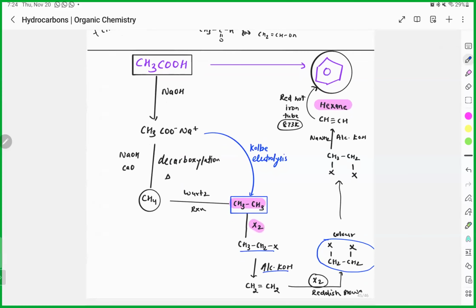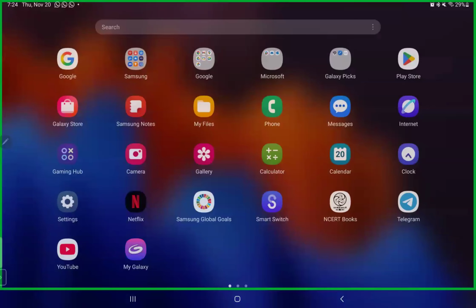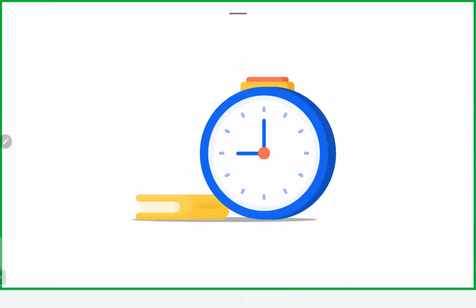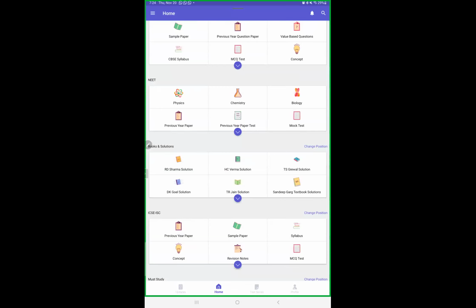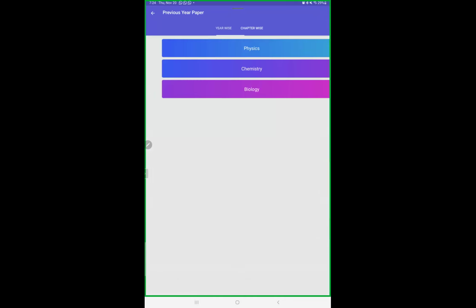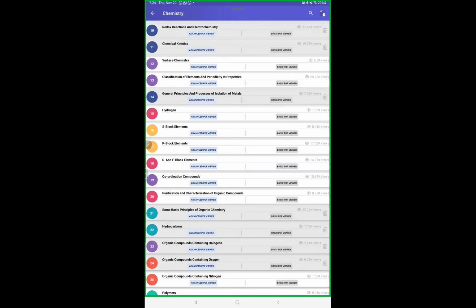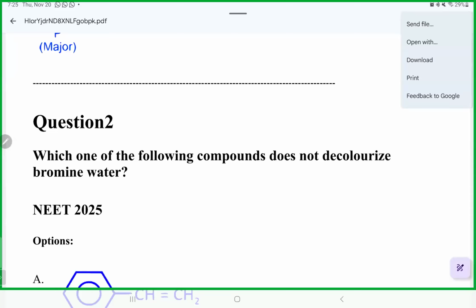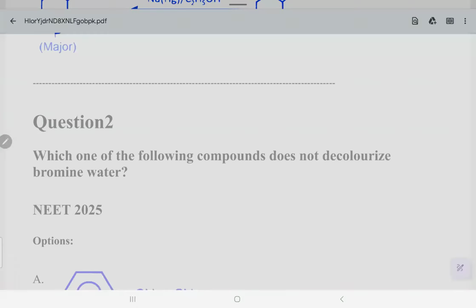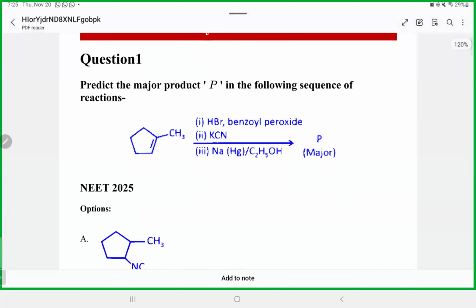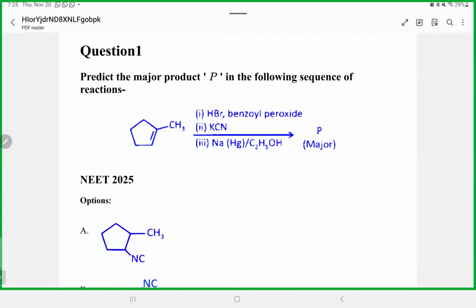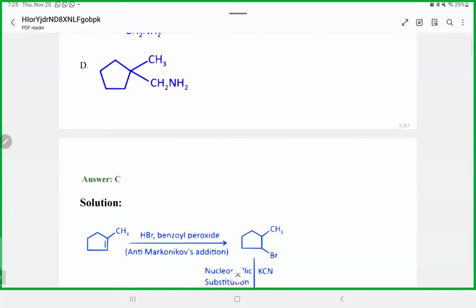Yes, sir. Let's solve some questions. And here you will see there are many questions from the organic part, and these are mixture. Previous year chemistry, hydrocarbon, sodium mercury.